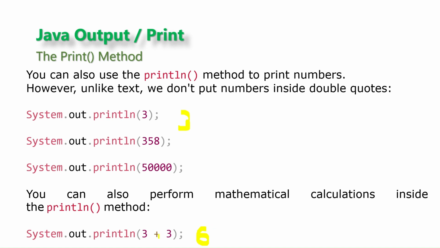Like this, plus is there, and we can use minus, multiplication or division. By using this we can directly perform the mathematical calculation inside the parenthesis. By using the println and print methods, we can display the required message on the output screen.